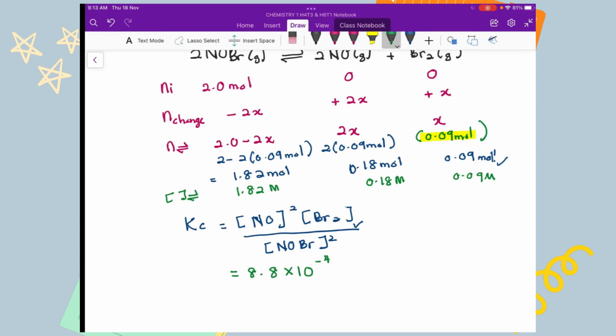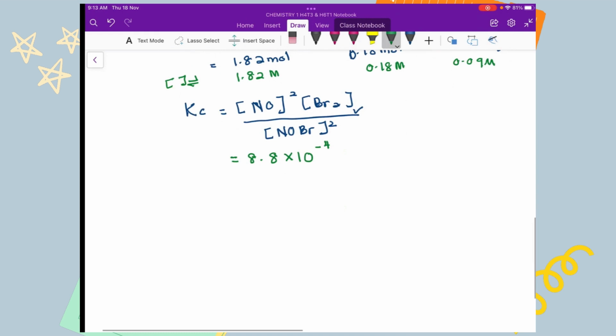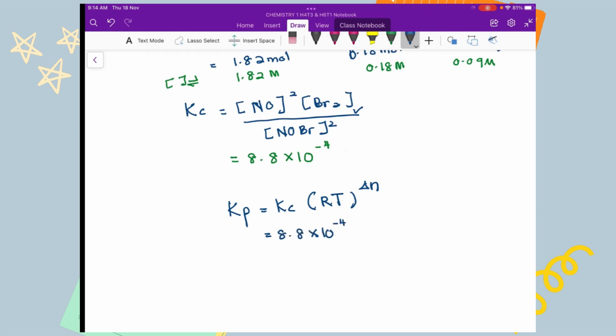Then we want to determine the value of Kp. There is one formula that relates Kp and Kc: Kp is equal to Kc times (RT) to the power of delta n. The value of Kc is already calculated. R is 0.08206.